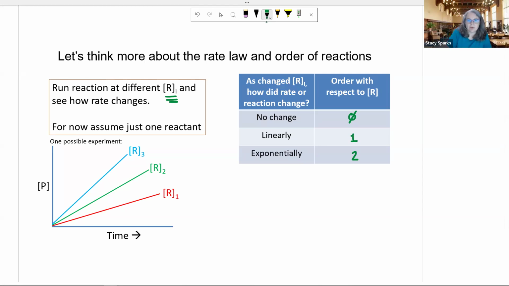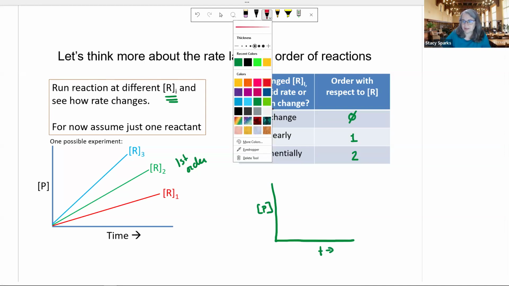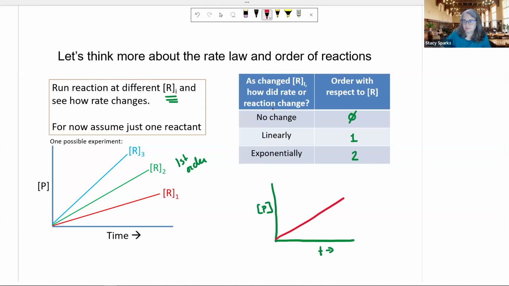All right, if we look at one possible experiment over here, this would be an example of a first order experiment. As I increased the concentration, we see that change. If I wanted to look at a 0 order experiment, so I've got time, I've got concentration of my product, and let's say that first reaction, the one shown in red, gives me some amount of product per time.